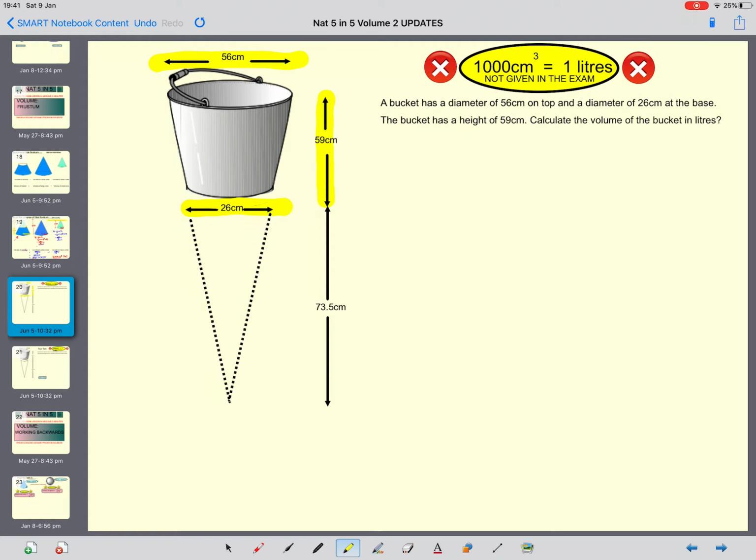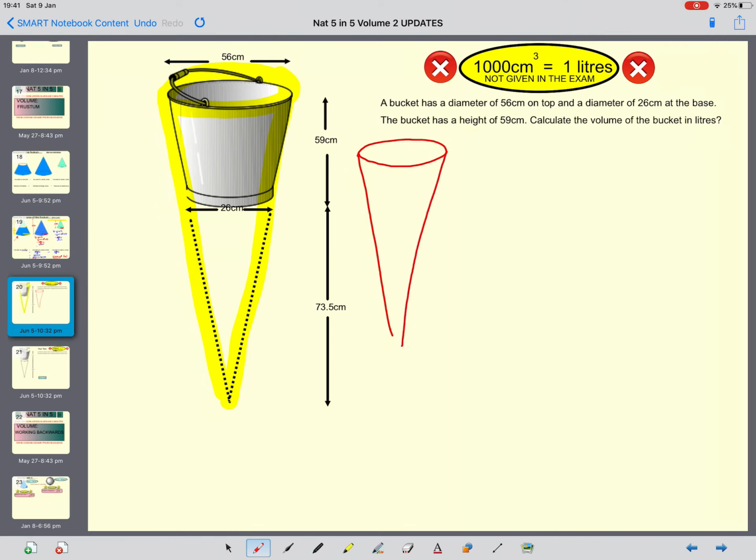So if you can imagine, I'll do it in a highlighter. If you can imagine what I'm highlighting now, this is a large cone. So I'm going to draw a large cone here to represent that. I always draw the two diagrams again.